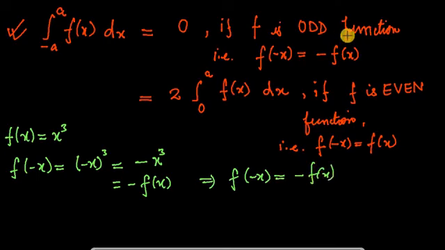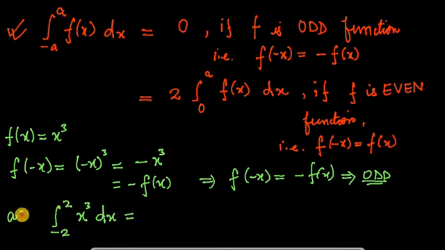This implies the condition for odd function is true. So this function x cube is an odd function. Now if I say find the integration of this odd function, suppose from minus 2 to 2, so if we have to find the result of this integration of x cube within limits minus 2 to 2, here minus a to a, so minus 2 to 2, so a is equal to 2 here.